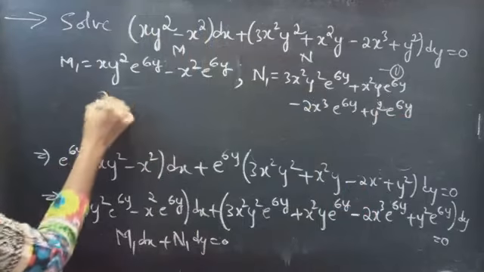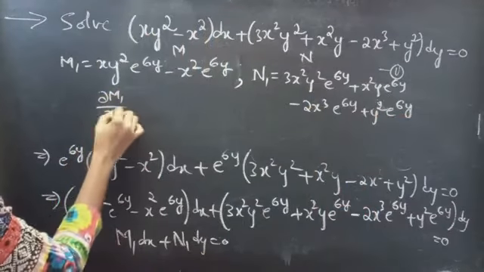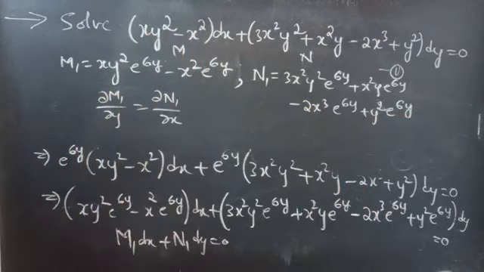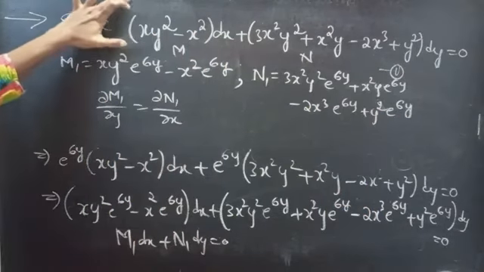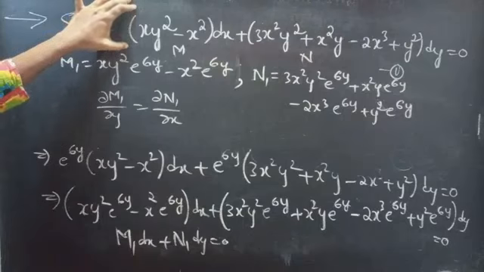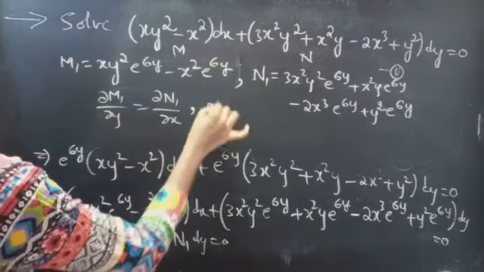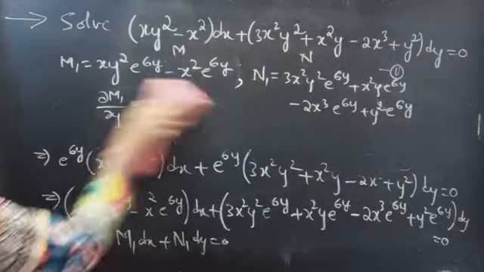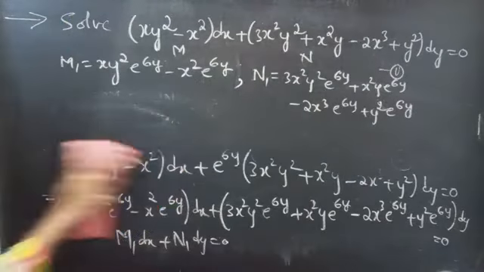If the partial derivative of M1 with respect to y equals the partial derivative of N1 with respect to x, then we can say that the reduced equation, that is the equation obtained by multiplying the given equation with the integrating factor, that is equation 2, is an exact equation. So now let's find the partial derivatives of M1 and N1.